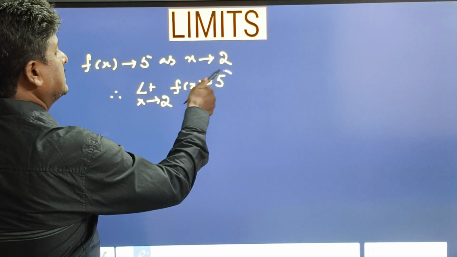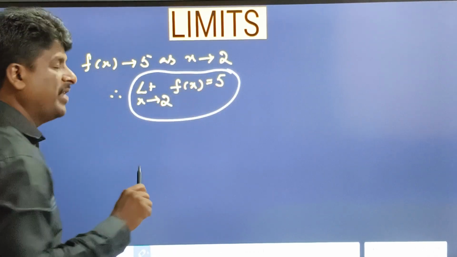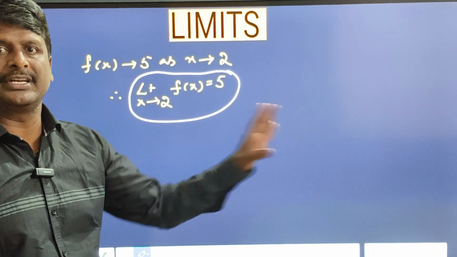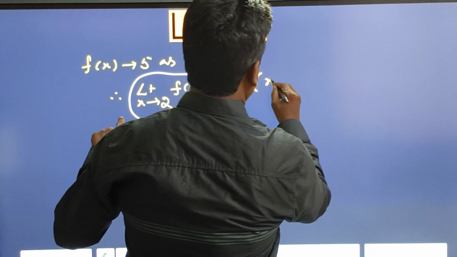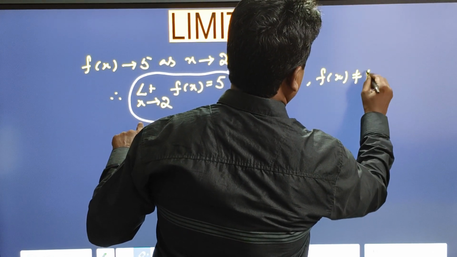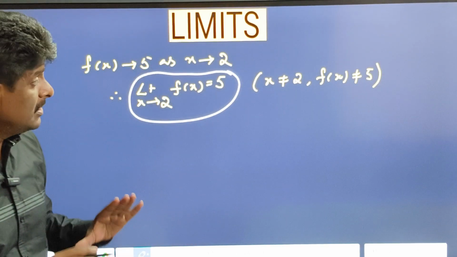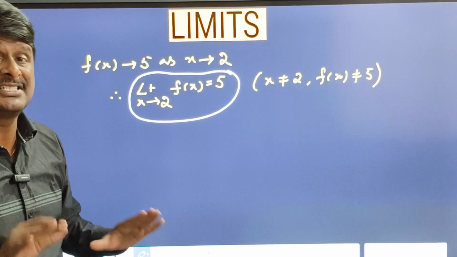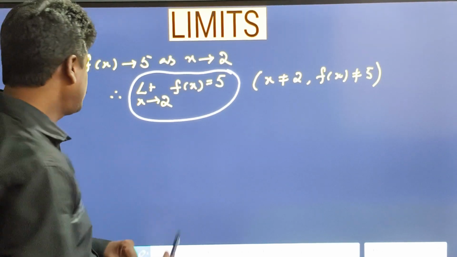In this case, very clear, x not equals to 2, f of x not equals to 5. What does it mean? x tends to 2, f of x tends to 5. That is the meaning. Okay?